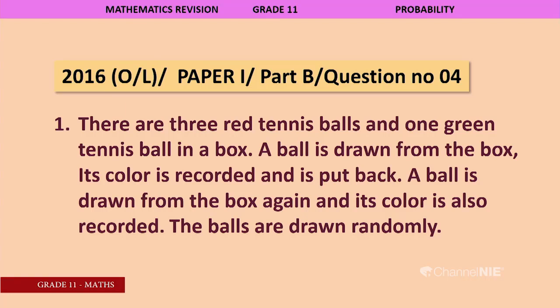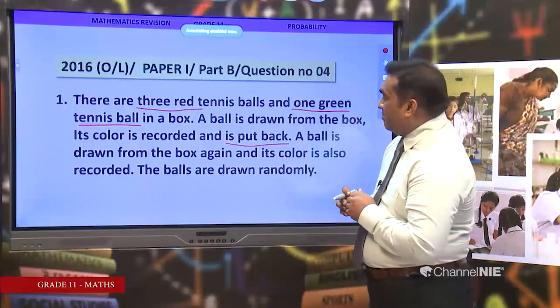Number of elements in the event. A ball is drawn from the box, its color is recorded and is put back. Put back means with replacement, the elements of the sample space don't change.